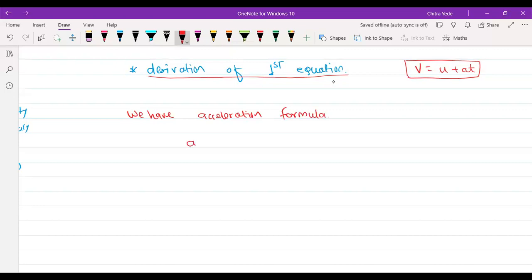A equals V minus U divided by T, right? Change in velocity divided by time. This is nothing but the acceleration.